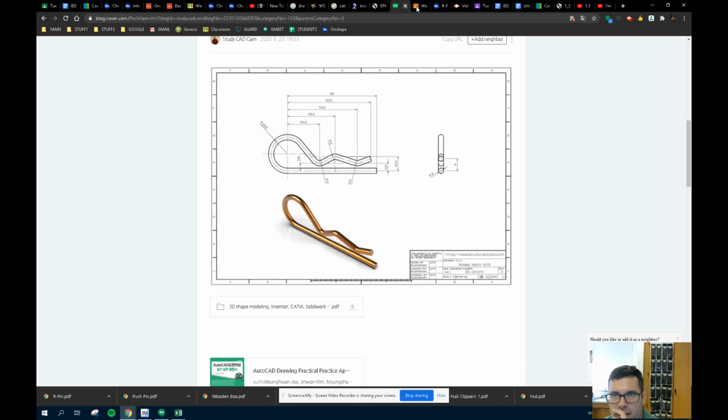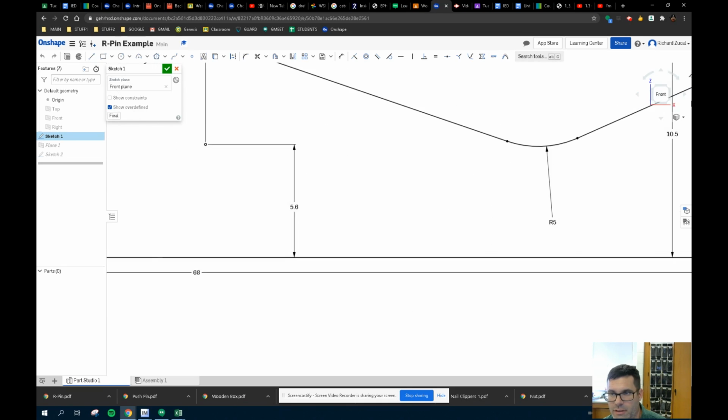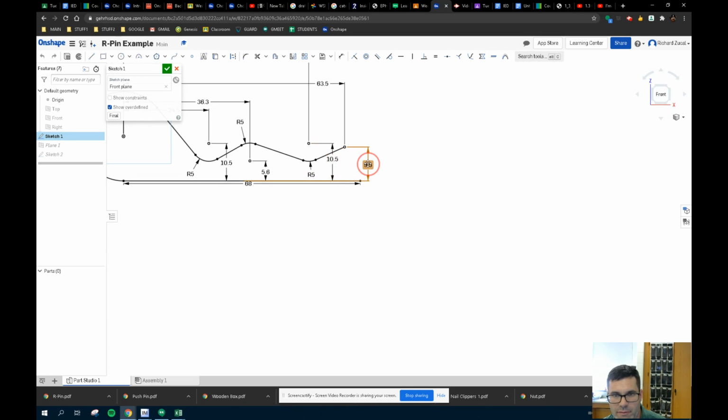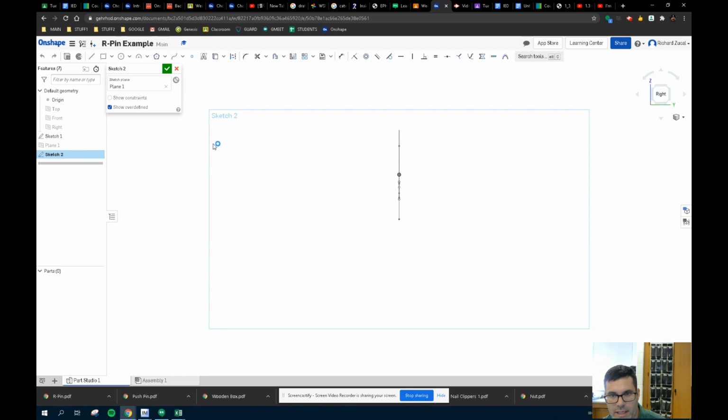Okay, so first let's go back in to this sketch. Let's go normal to that sketch. I thought it was 9.5, but we see that it's 9. Didn't change it too much. Finish the sketch. Go to this sketch. Hit N for normal to that sketch. Make a circle, and it's a diameter of 4.